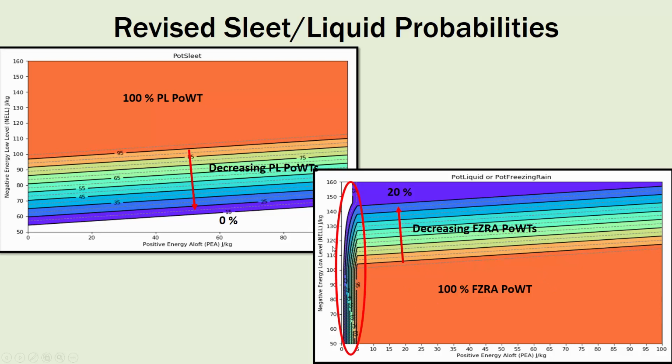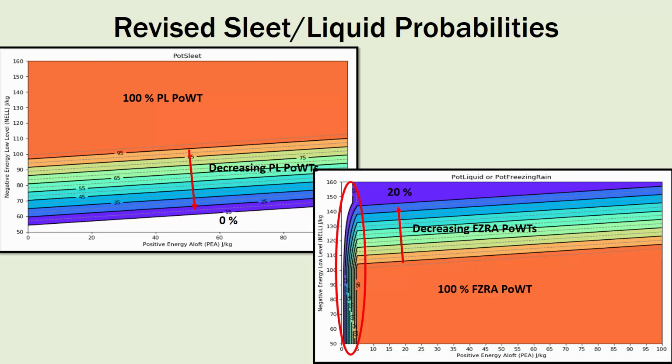Notice that we dropped off the probabilities quite rapidly once we get below about 5 joules per kilogram of warm air aloft. This was done to reduce some of the false alarms for freezing rain events for very cool warm layers aloft. The energy here, once you get below 5 joules, might not be enough to result in total melting of the hydrometeor.